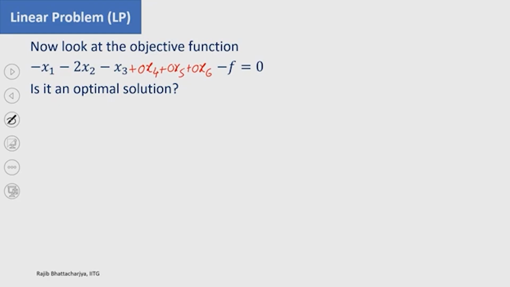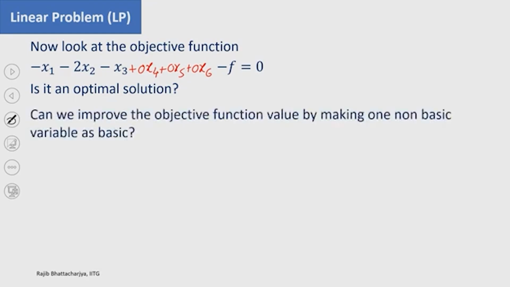That means, if I make one of them a basic variable, my objective function will reduce. Because the coefficients of all three, x1, x2 and x3, are negative, if I make one of them a basic variable, my objective function will reduce. So, the question was, can we improve the objective function value by making one non-basic variable basic?